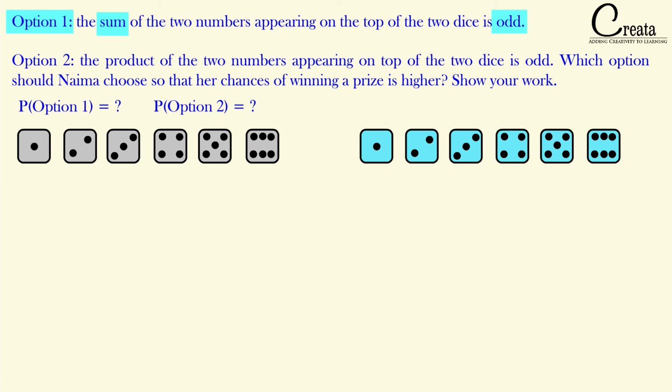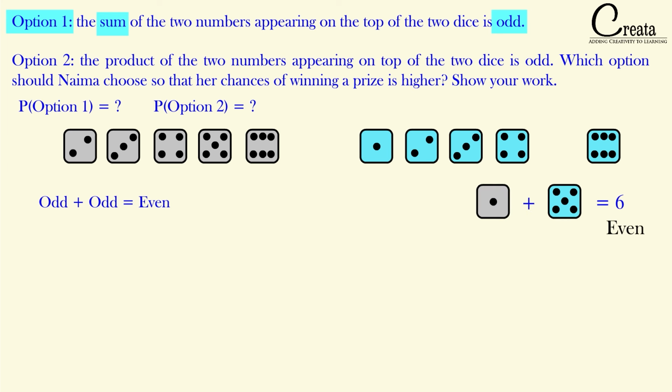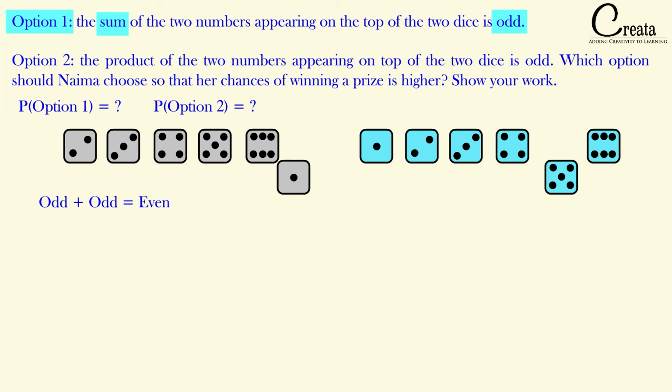Before that, let's check what various events can be formed out of the addition of odd and even numbers. For example, if we get two odd numbers on rolling the dice, then odd plus odd is even. For example, the outputs are 1 and 5, 1 plus 5 is 6. So odd plus odd is even. Got it?